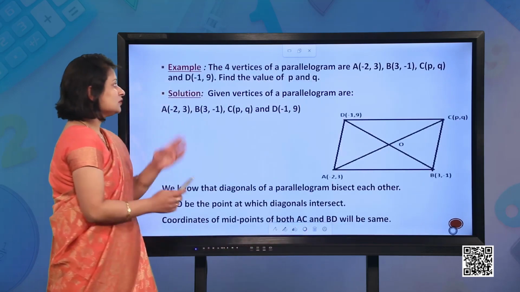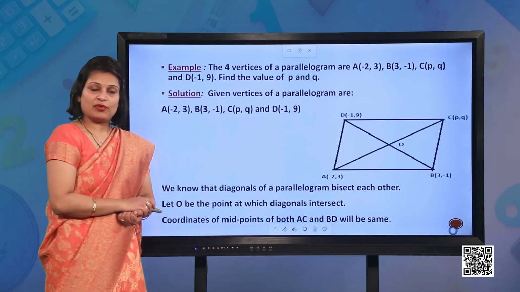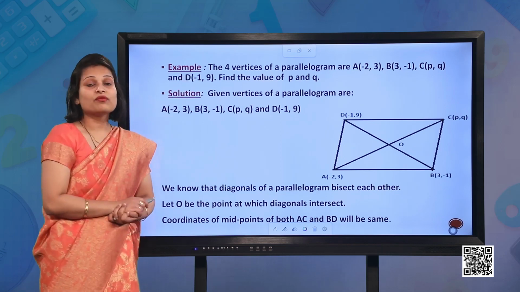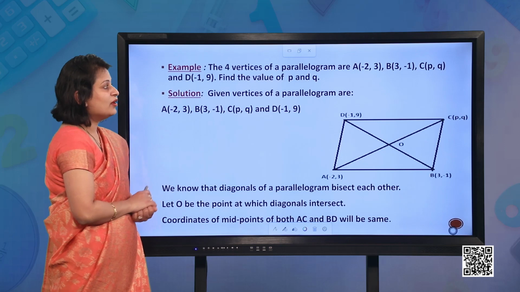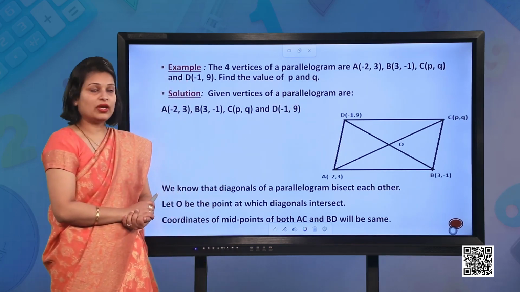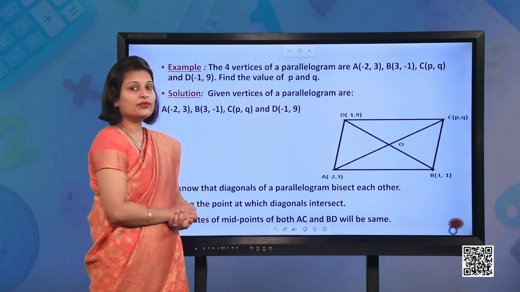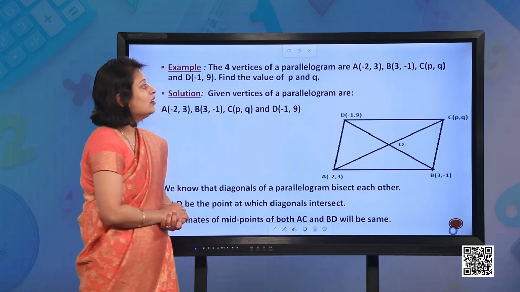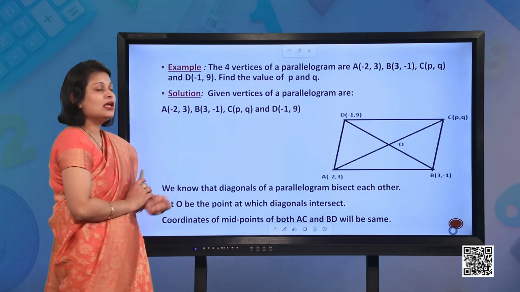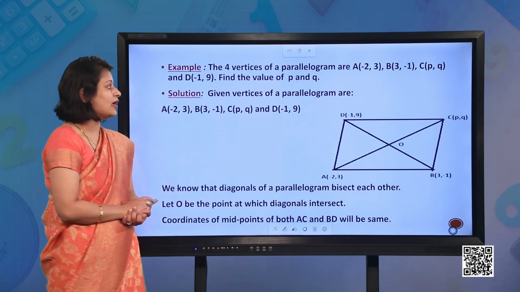Now let's understand it with the help of an example. The 4 vertices of a parallelogram are A (-2, 3), B (3, -1), C (p, q) and D (-1, 9).